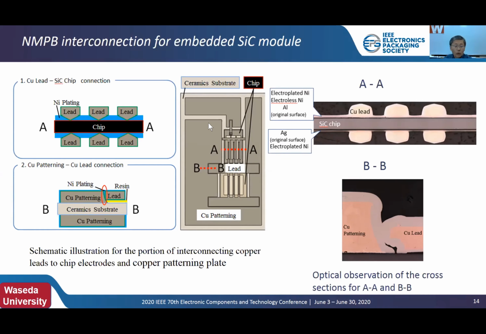Right figures show the optical micrographs for AA cross-section in the upper figure and BB cross-section in the lower figure, respectively.